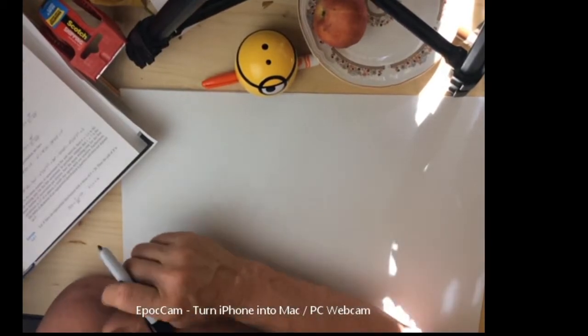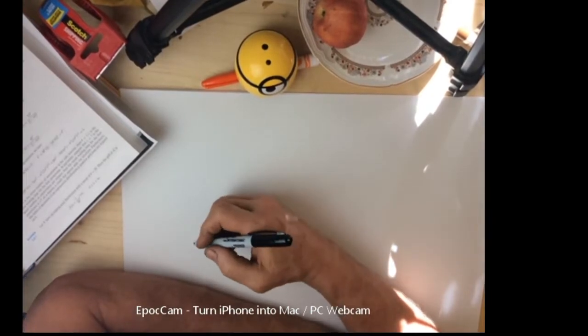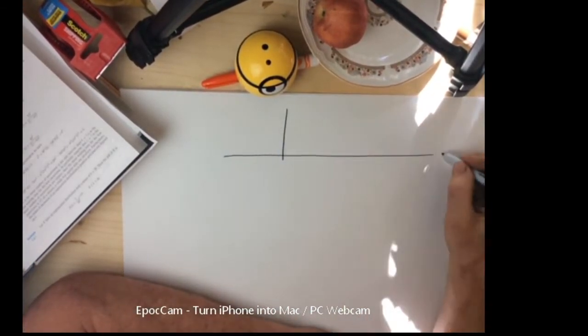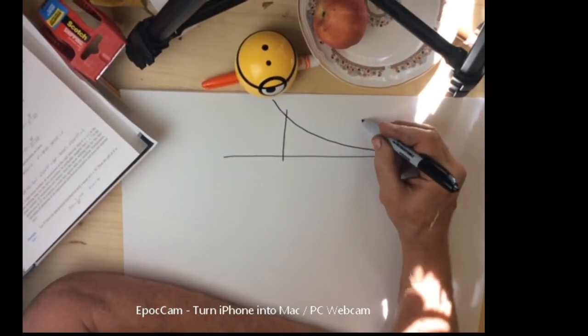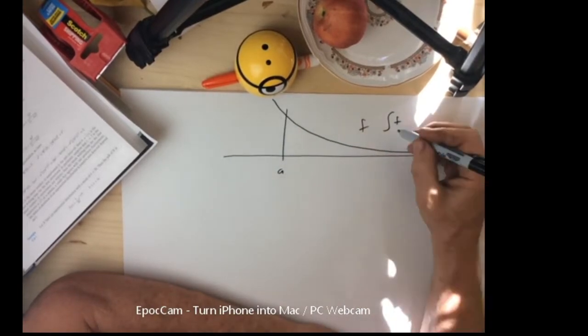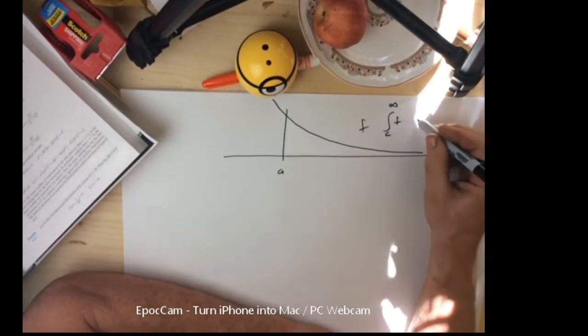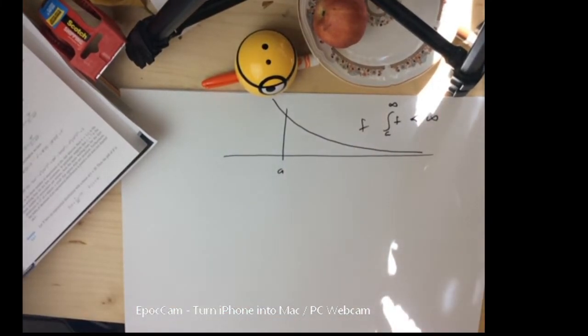What's more fun is when we have an improper integral of the infinite type, where we have some function that goes down, and we have the ability to integrate that function from some fixed point to infinity, and the answer is less than infinity, so we get an answer.